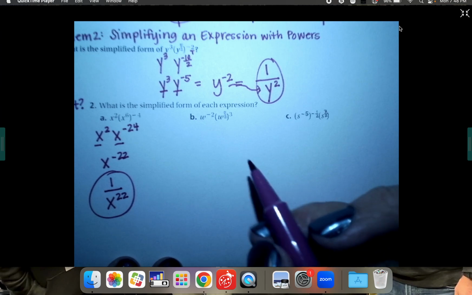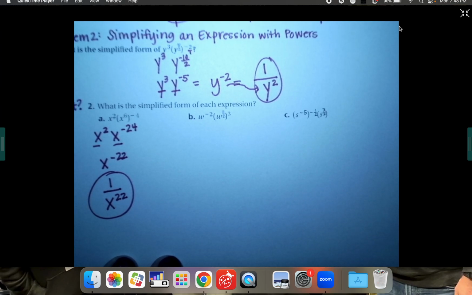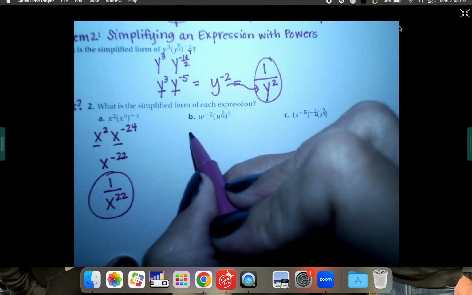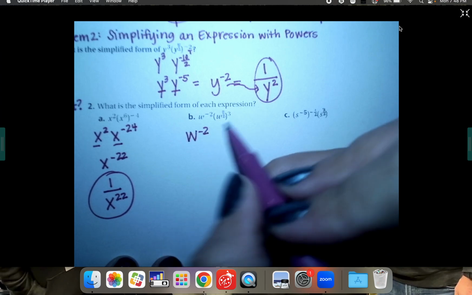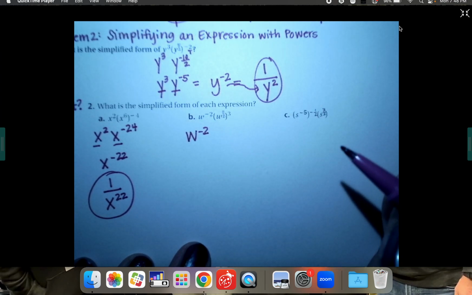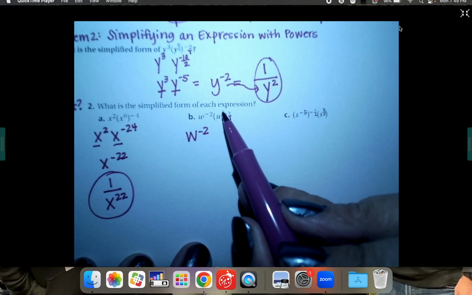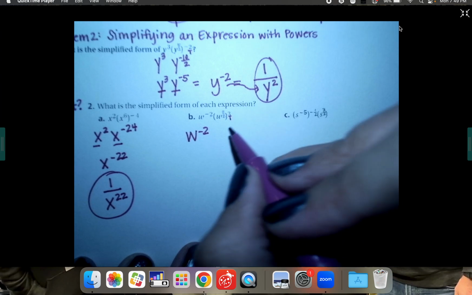Letter B. What is that supposed to be? I don't even know. I think it's 5/3. So we're just going to not mess with the w to the negative 2 for now, but 5/3 times the power of 3. So remember, 3 is like 3 over 1. So the tops are 5 and 3, which is 15.